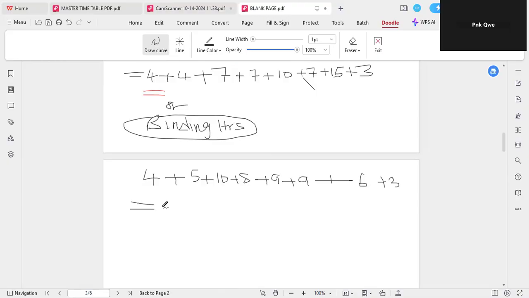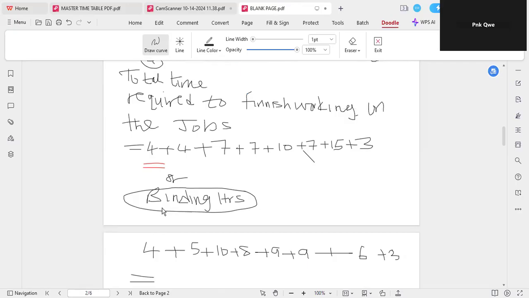We can get the value 4 plus 4 plus 7 plus 7 plus 10 plus 7 plus 15 plus 3. So each one is giving us 57 hours.